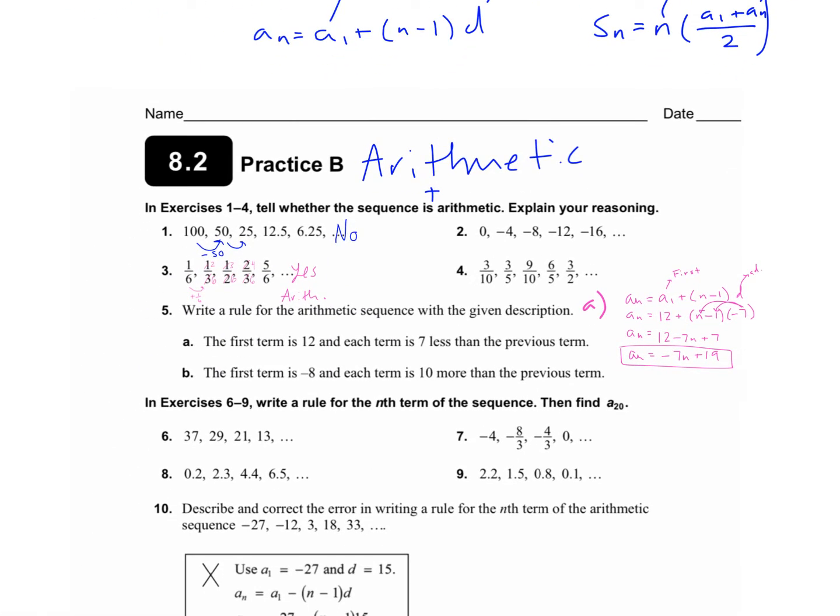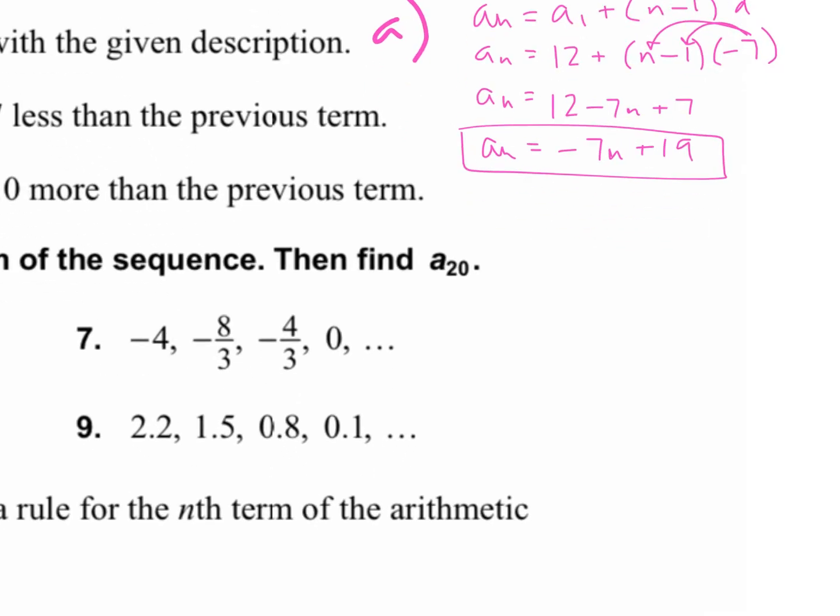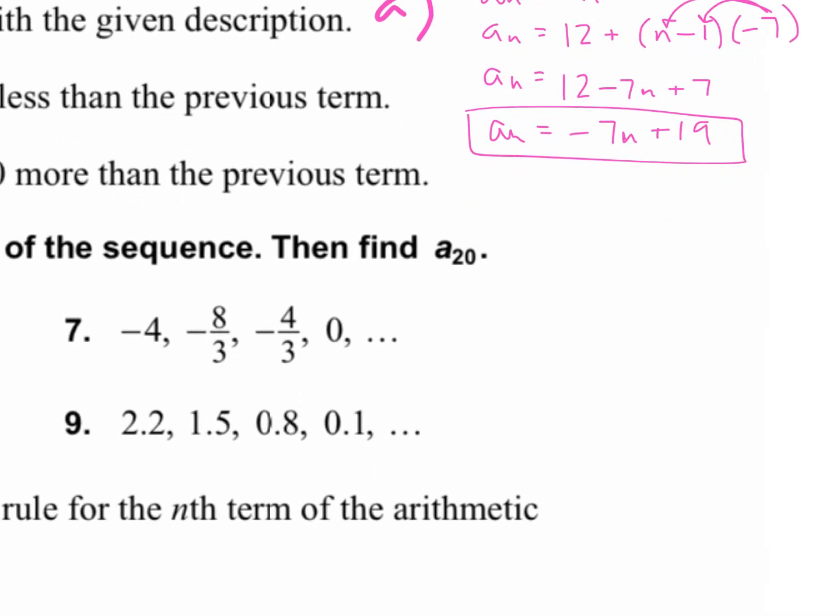Let's do 7 and 9. So write a rule for the nth term of the sequence, then find a sub 20. So we need our formula again. A sub n is equal to a sub 1 plus n minus 1 times d. So we need to find our first term, a sub 1, and our common difference.